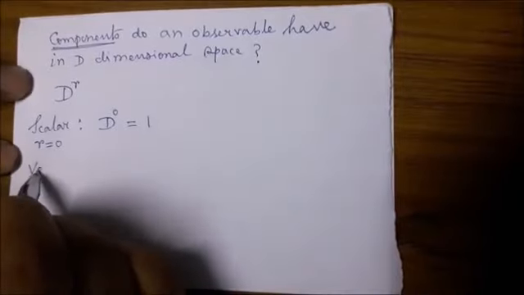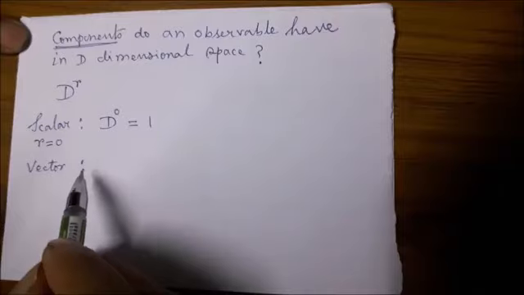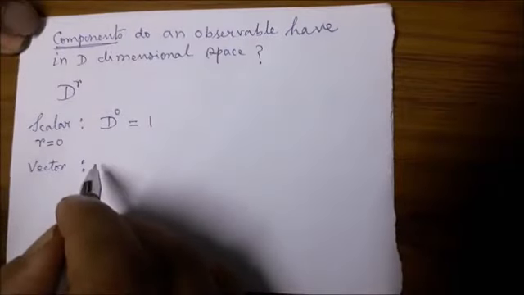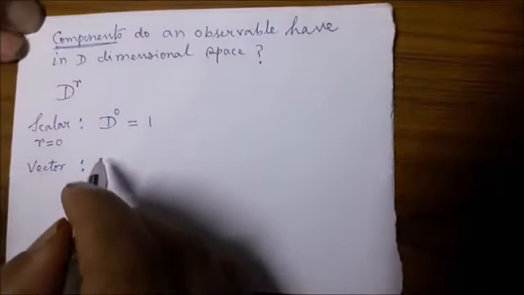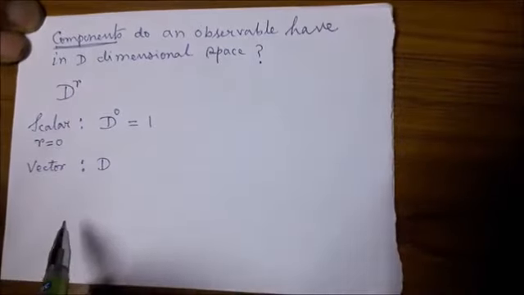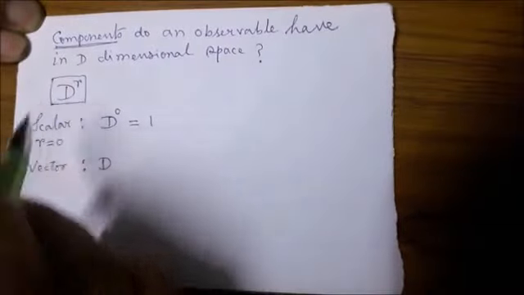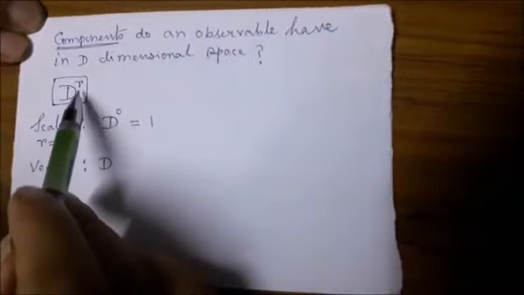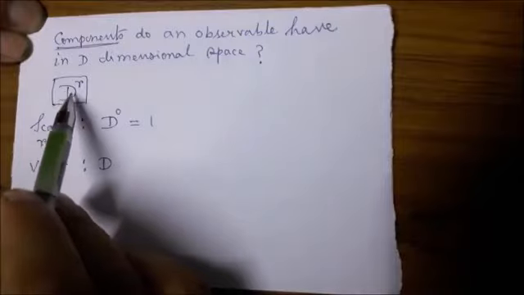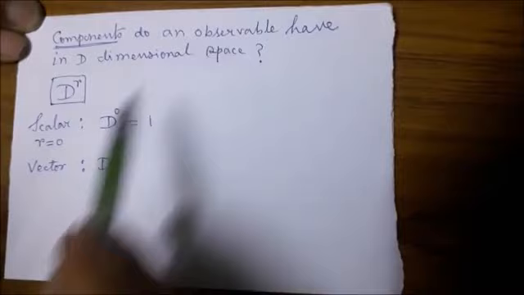Now what about a vector? As already specified earlier, to express a vector we require d components. Now let us check. The general formula is that the number of components which an observable has in a d-dimensional space is d to the power r, where r is the rank of the observable.